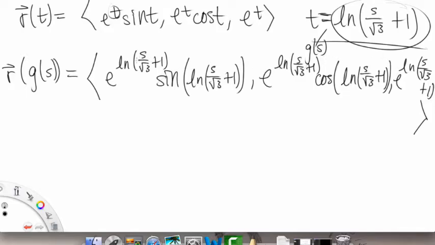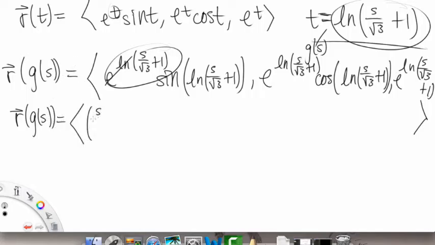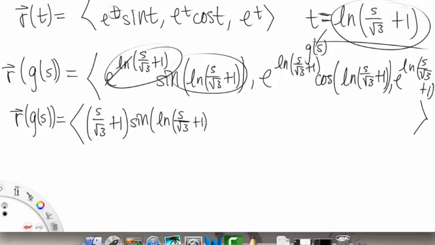Anyways, okay, so as you'll see, the e to the t parts actually just cancel out because we have the ln in the power there. So our r of g of s, our arc length parameterization, is going to be the following. So we just have an s over radical 3 plus 1. We can't really do anything about the ln and the sine, so those just stay there. Sine of ln of s over radical 3 plus 1.